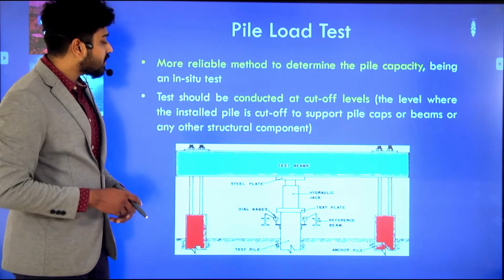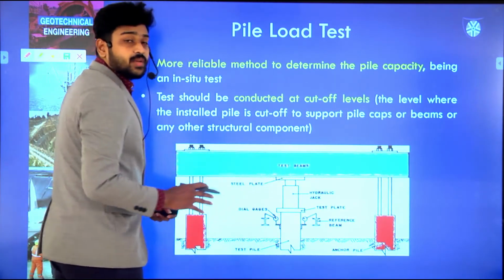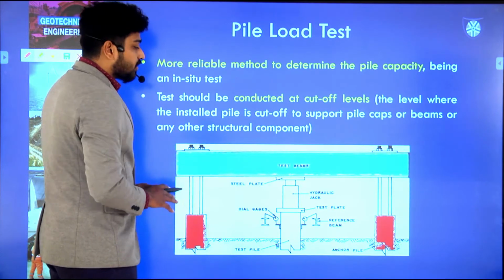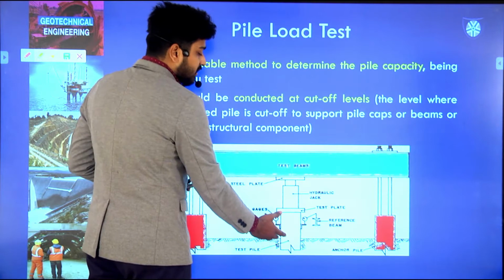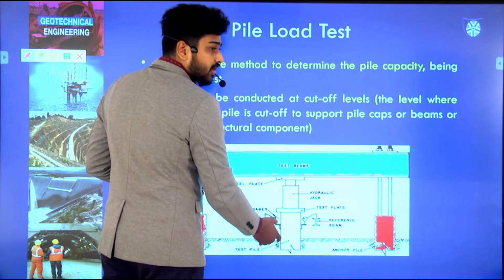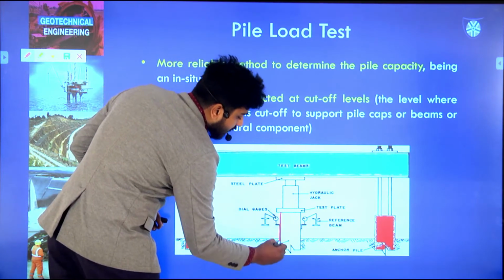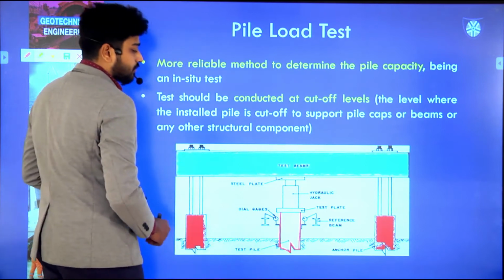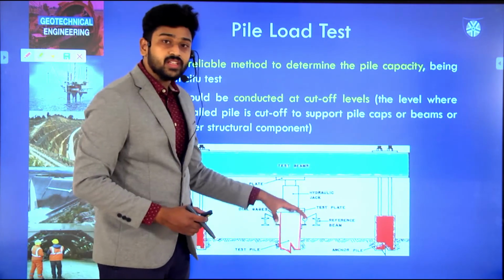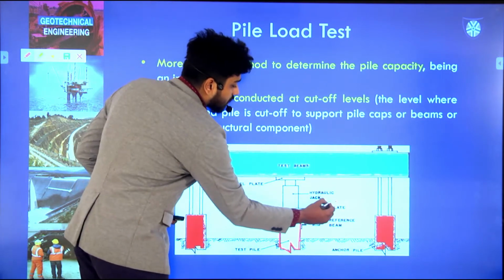If you look at this particular diagram here, this entire setup is similar to that of our plate load test. The only difference is that instead of an excavated portion, this test is conducted at the ground level itself, and instead of a bearing plate, here the test pile is actually placed. This test pile is driven into the ground with the help of a hydraulic jack.